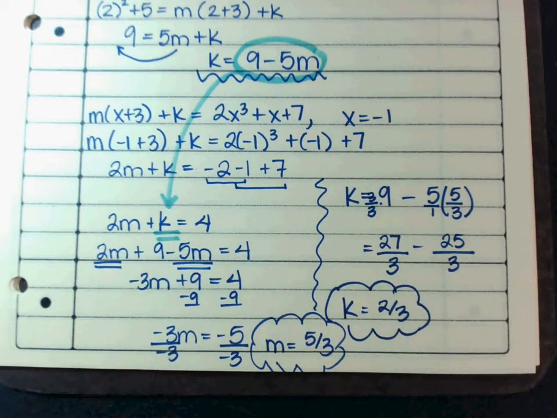Okay. On your homework, I want you to turn over to the back, and I'd like you to try number 10. Number 10. And you guys can work together, obviously it's fine. And you should get a fraction.